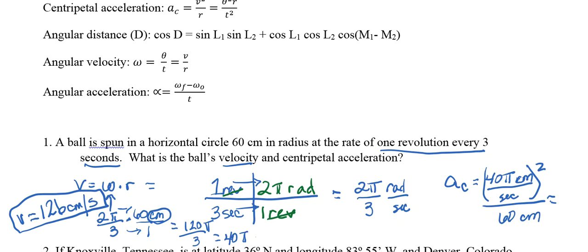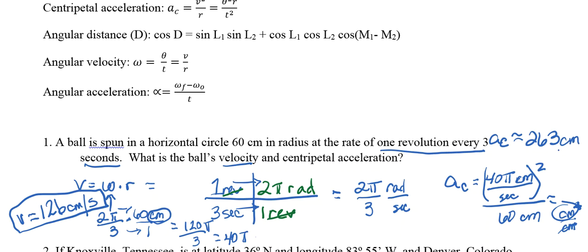So in my calculator I get 263 approximately. Now let's look at our units. I have a centimeter that I've squared. Down here I have a centimeter. So if I have a centimeter squared over a centimeter, the one on the bottom takes out one on the top, so I definitely only have a single centimeter left.